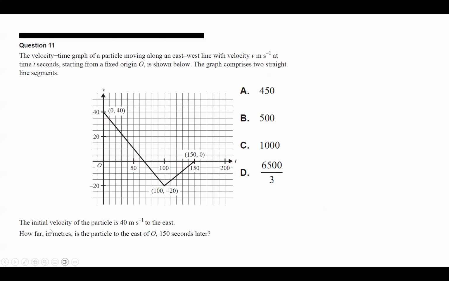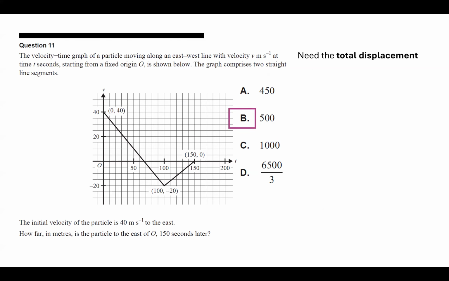We've been told the initial velocity of the particle is 40 meters per second to the east. So you can see this is a positive v-intercept, pointing to the east, which is the positive direction. And 150 seconds later, we would like to see how far the particle is to the east of O, relative to the origin O.